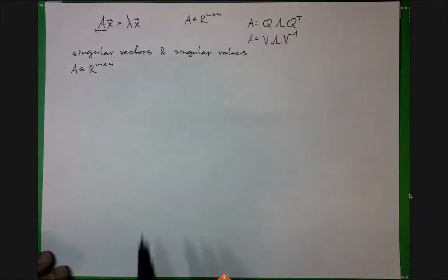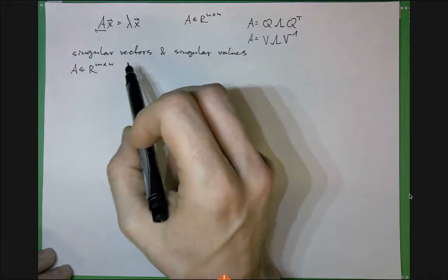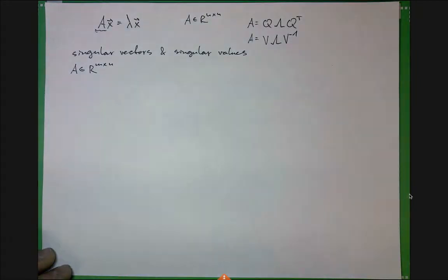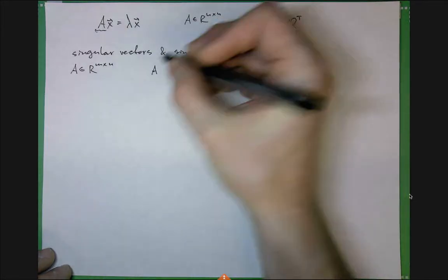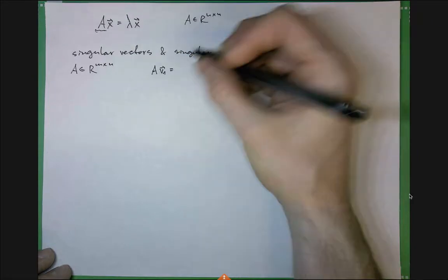And the trick is to use two sets of singular vectors. Sometimes they are called left and right singular vectors. So the property of singular vectors and singular values is this.